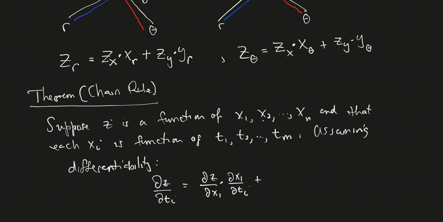And then do that for each of the x's, right? So then dz dx2 times dx2 over dti, and I'll do my dot dot plus until we get to the nth x. So dz dxn times dxn over dti, right?